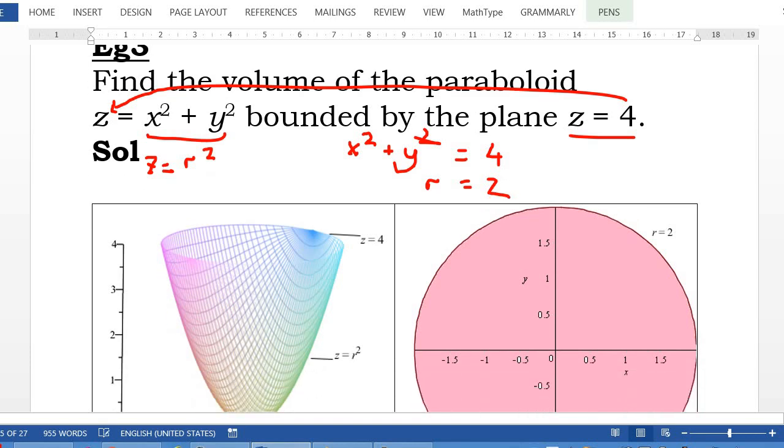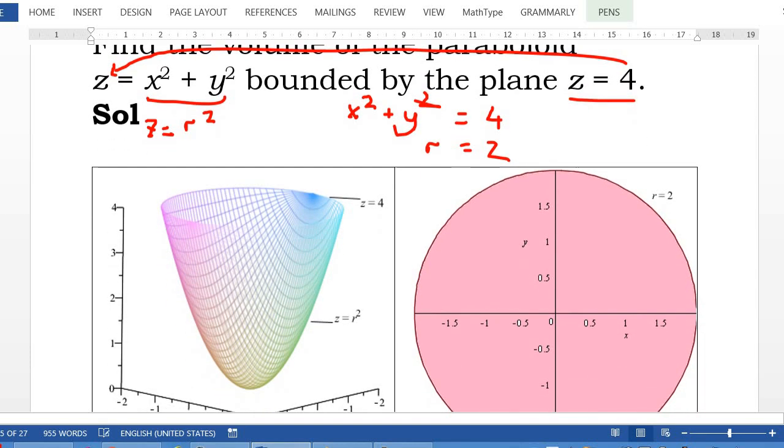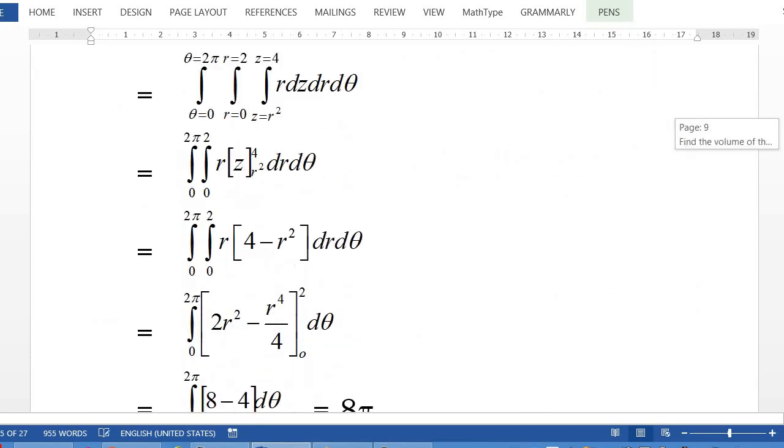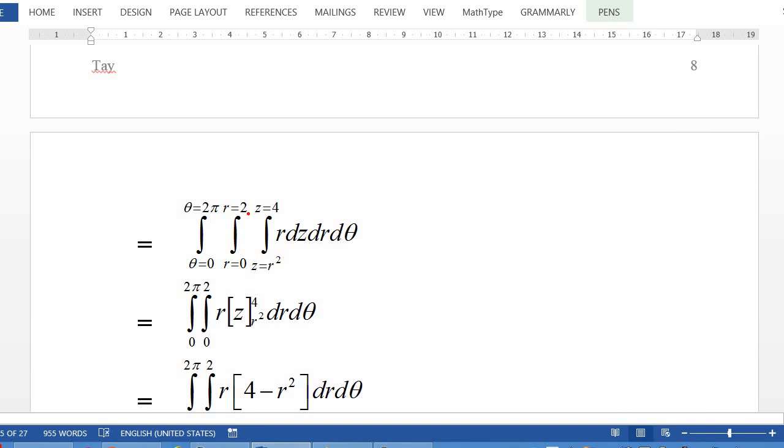Again, this is a full paraboloid, so we use a full circle, which is r from 0 up to 2, theta 0 up to 2 pi.